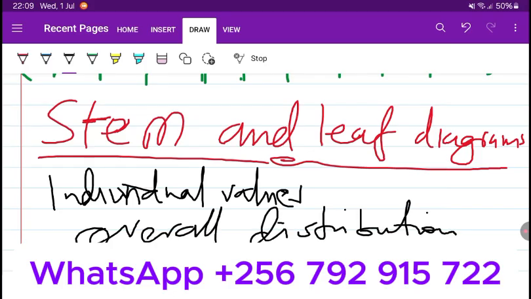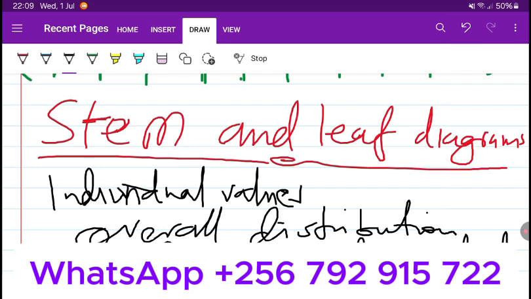So it makes it very easy for you to compute the range. You can as well compute the median and the mode. But above that, it also shows you the clustering of the data points.